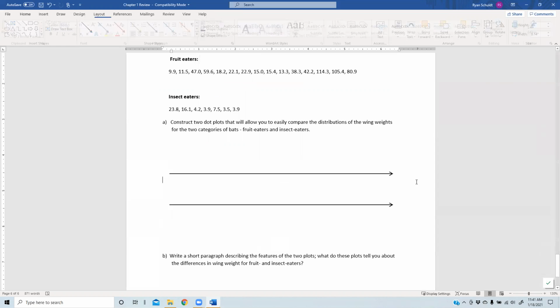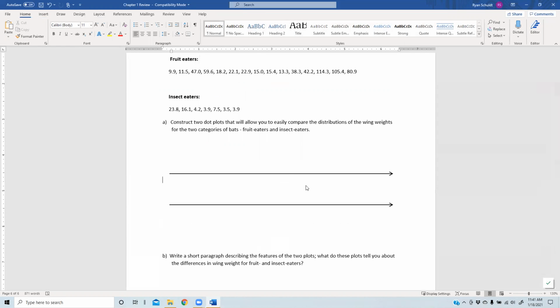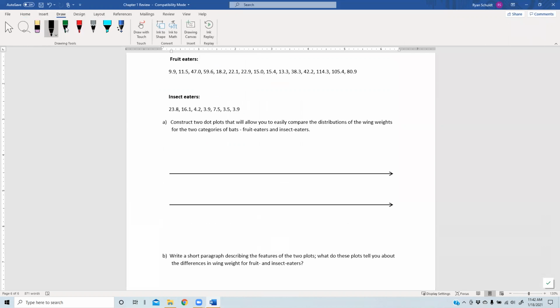There we go. Okay. So when you do a comparative dot plot, you have a single heading here. So our heading is the, once I change my ink color, wing weights of bats.